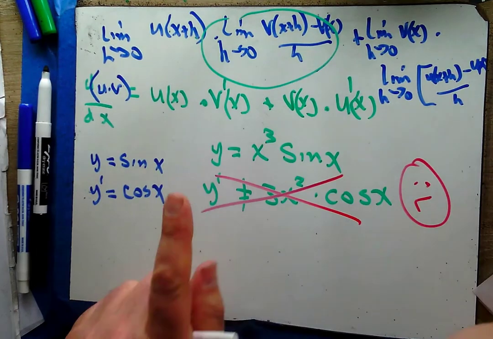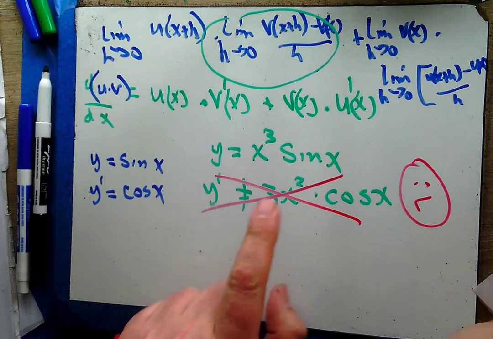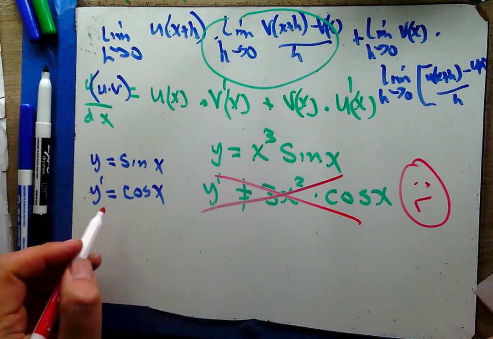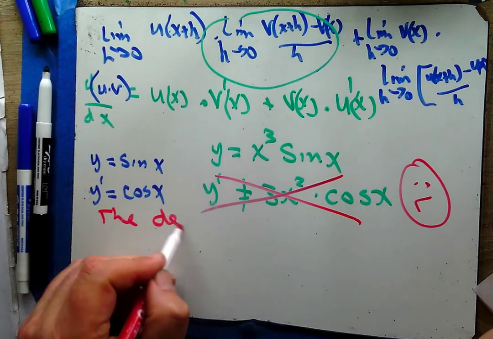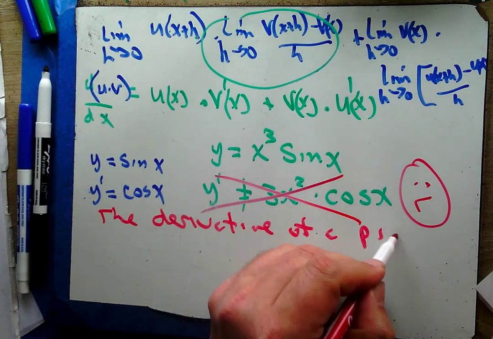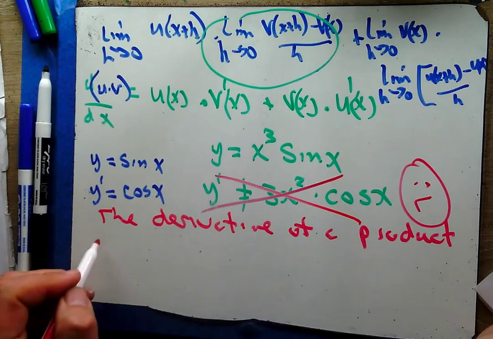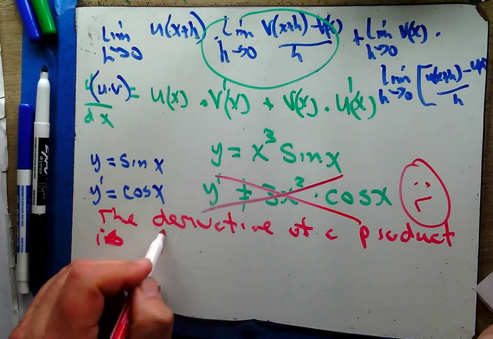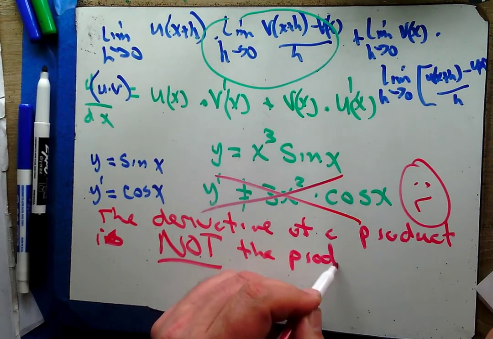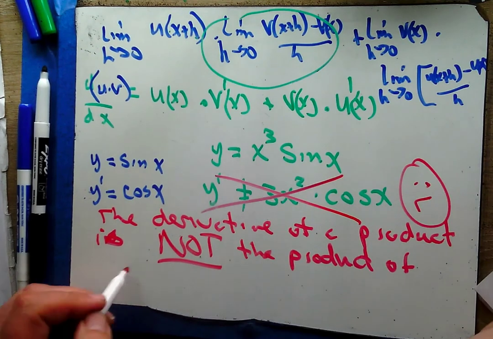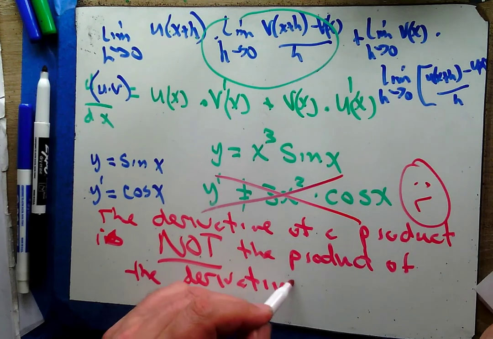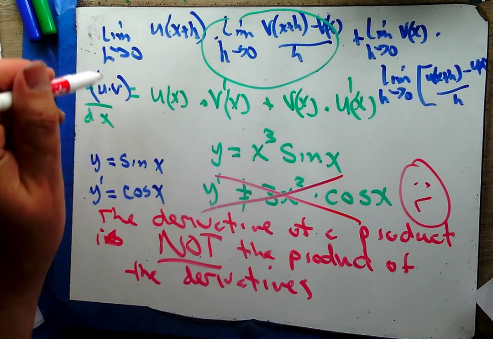The derivative of a product is not the product of the derivatives. What is it? Well, it's this.